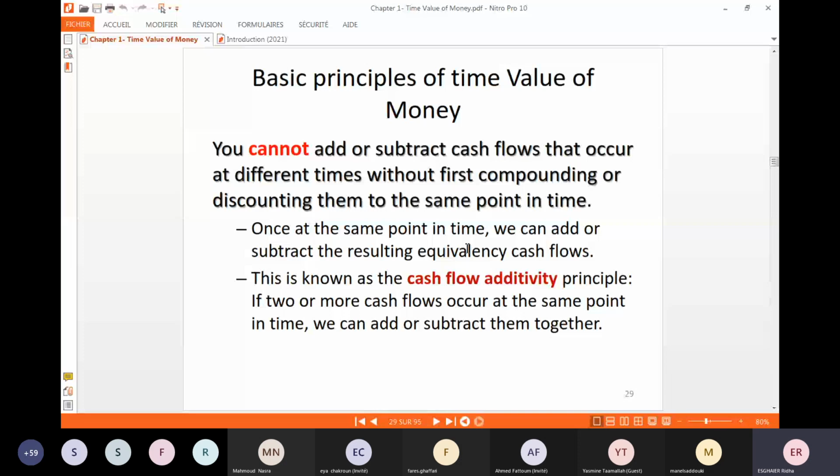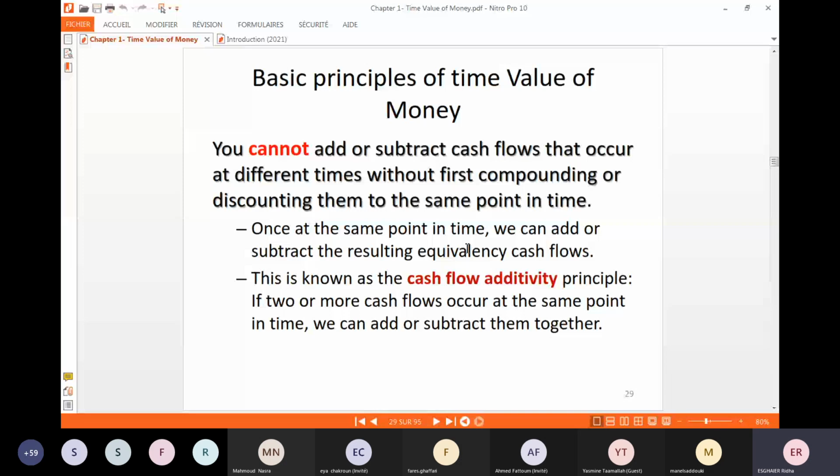So, for example, if you have $100 today and $100 1 year from now, we can't say that their value is 200. No, we have to compute the present value of the 100 that we will receive 1 year from now. Then we can add it with the 100 that we have today.